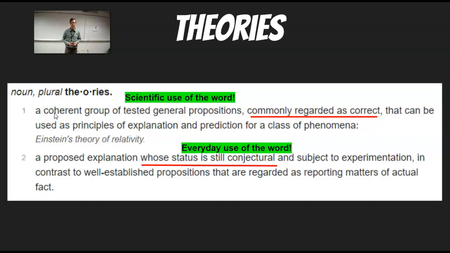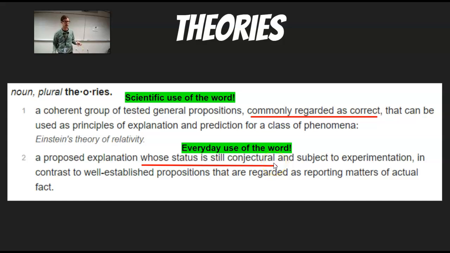The scientific use of the word is that a theory is a coherent group of tested propositions, big words, but it's a coherent idea commonly regarded as correct, right? In the scientific sense, this is correct, right? We're not doubting that. But the everyday use of the word could mean a proposed explanation whose status is still conjectural.